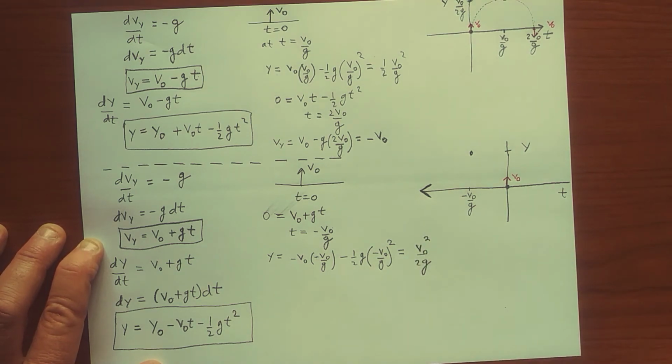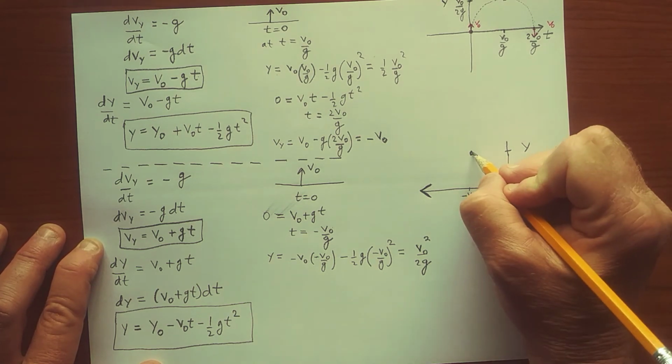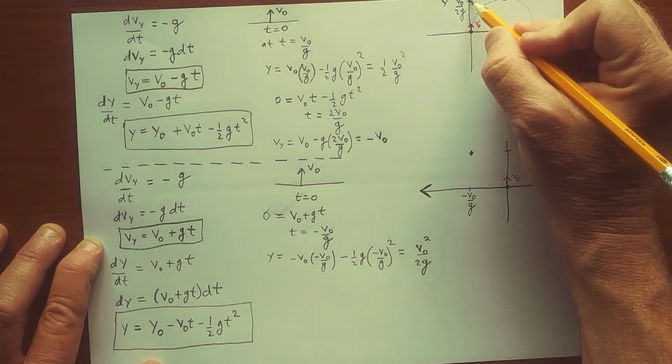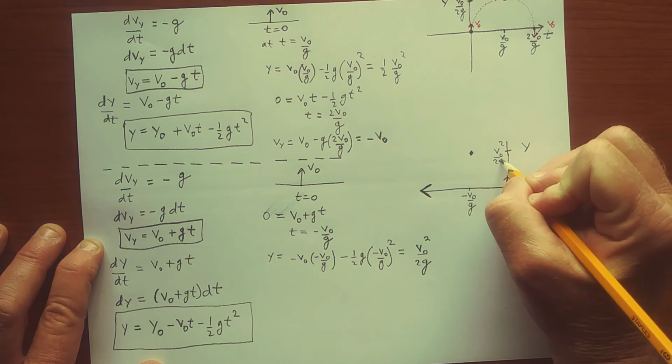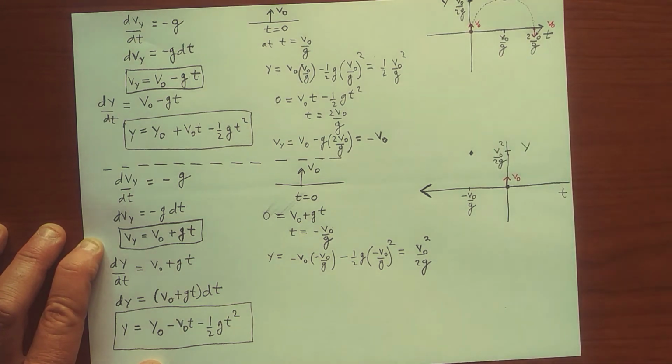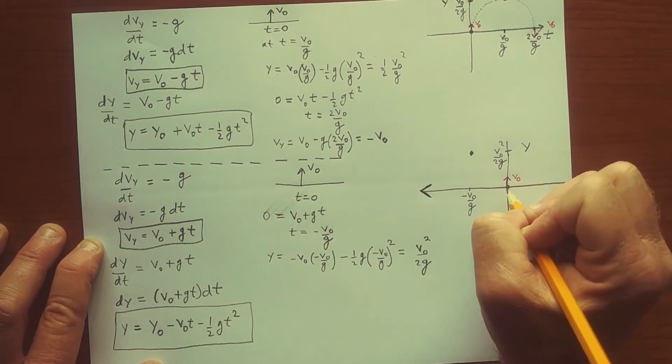So it looks like we're starting to reproduce the same kind of solution that we saw before. This is the same value we found here, v naught squared over 2g. It's just associated with a negative time because time is flowing in the other direction.